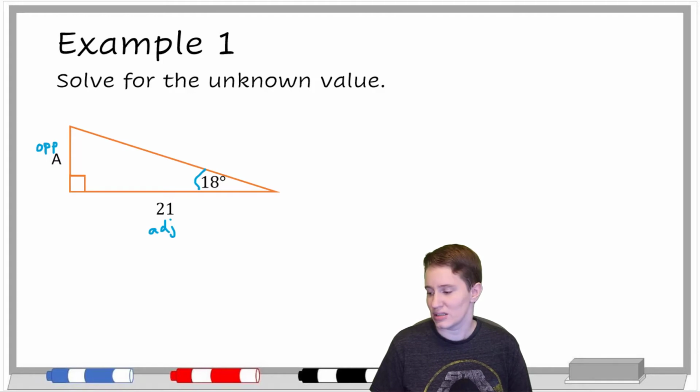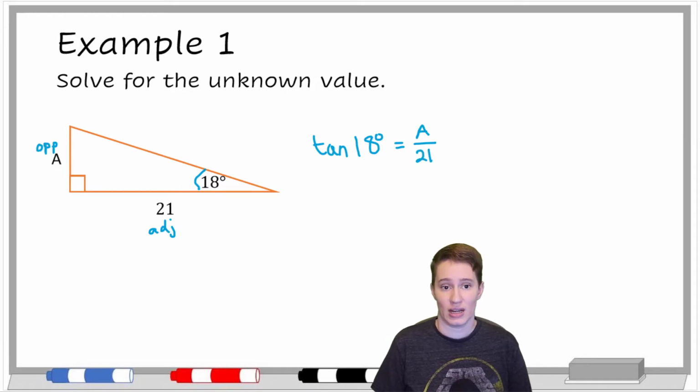So the way we set this up is we're going to say tan, or tangent, of 18 degrees equals, and then it does matter which one we put on top, just like it did before. Opposite goes on top, so I put A on top. And then the adjacent side, 21, goes on bottom. And now we're going to solve this for A.